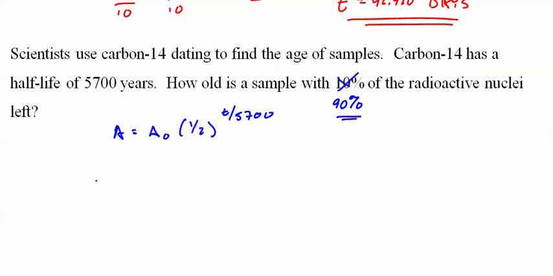is left. So we got 0.9 equals A naught times 1/2 to the t over 5700. Cancel. Natural log both sides.